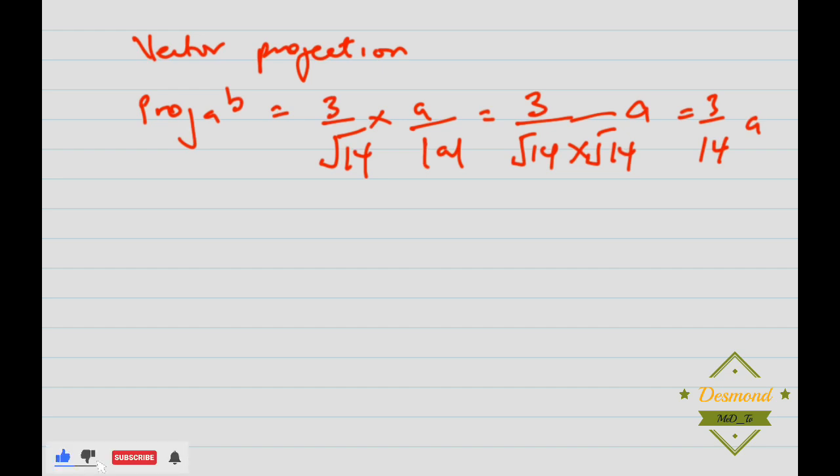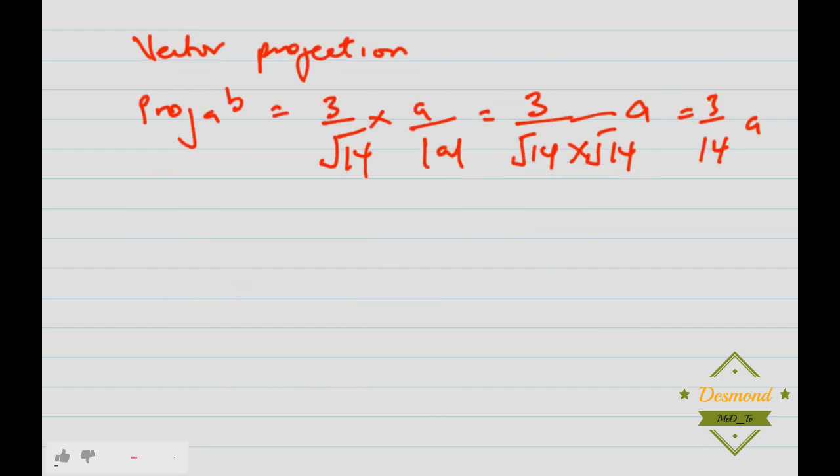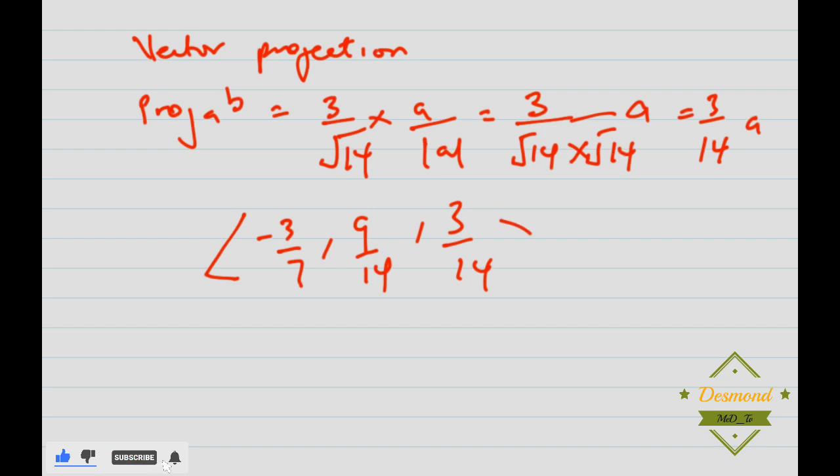And what is our A here? When we go back, we have our A to be -2, 3, 1. So we should get the vector projection to be -3 on 7, 9 on 14, 3 on 14. And this is our vector projection.